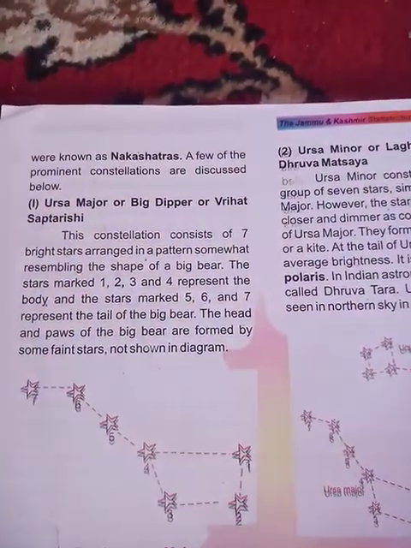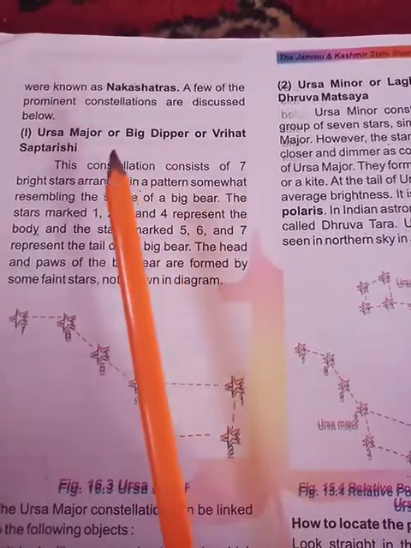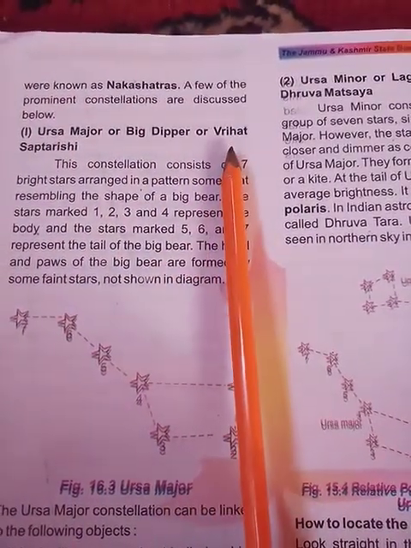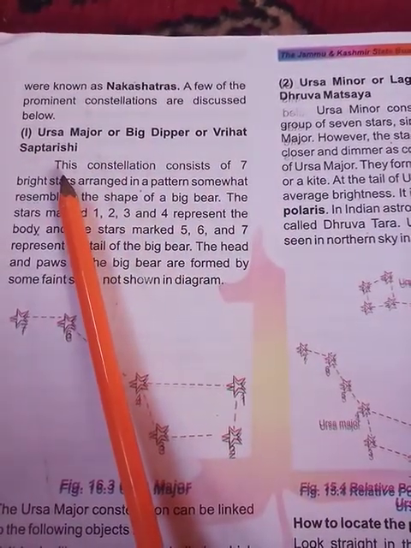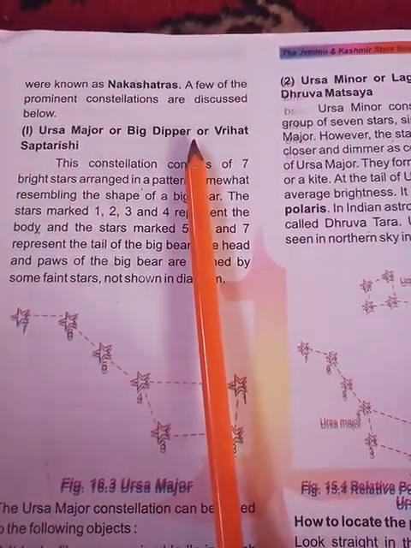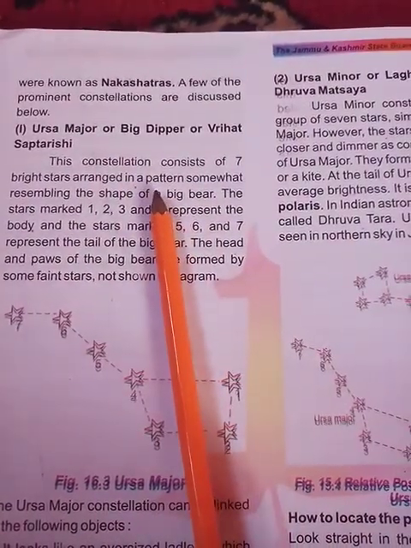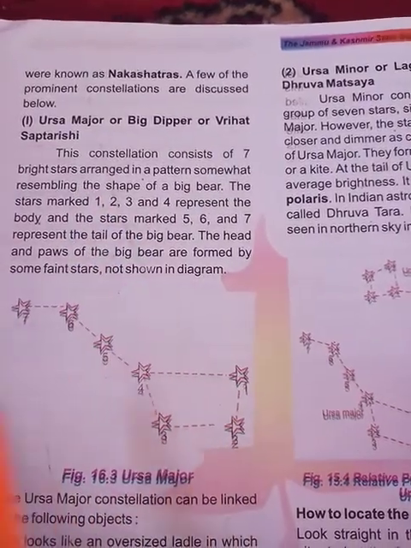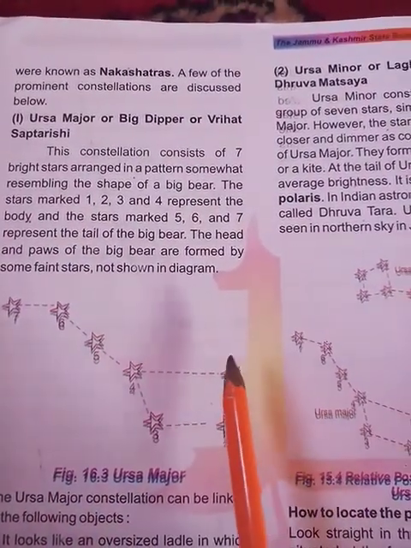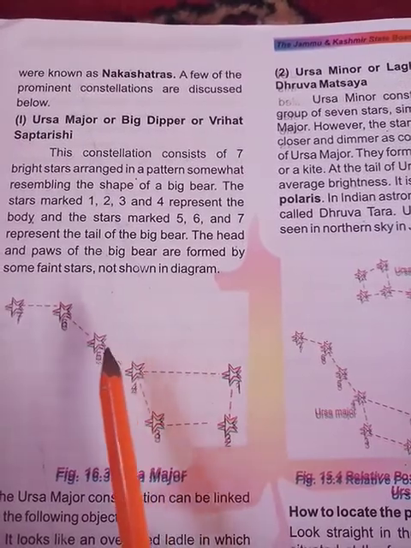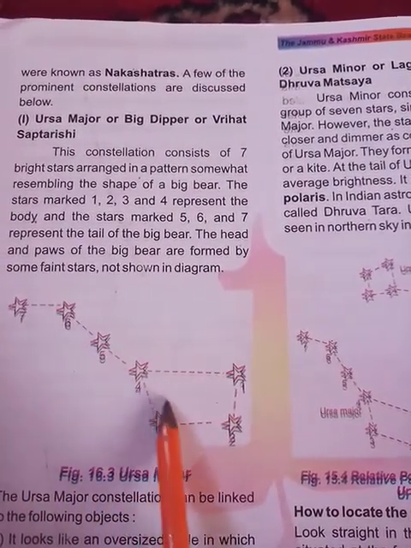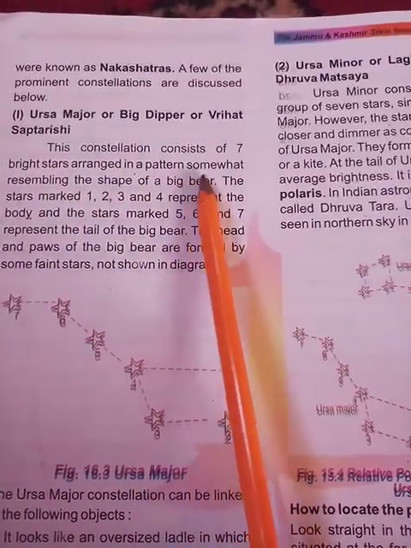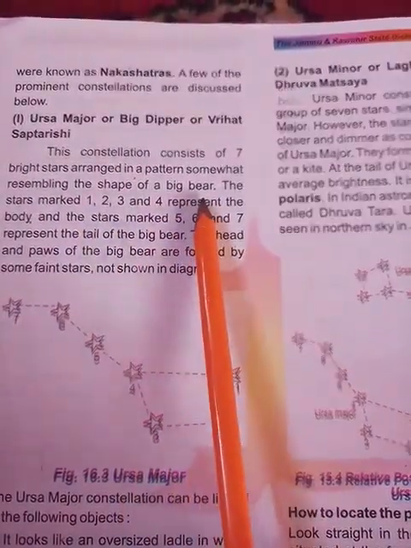One of the first constellations seen in the sky is Ursa Major, or Big Dipper, or Vrihat Saptarshi. These are the names of the constellation, and it consists of 7 bright stars. So it is a group of 7 stars you see here, 1, 2, 3, 4, 5, 6, 7, arranged in a pattern that somewhat resembles the shape of a big bear.